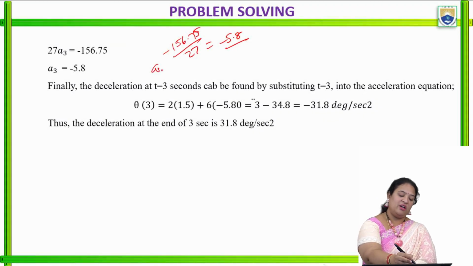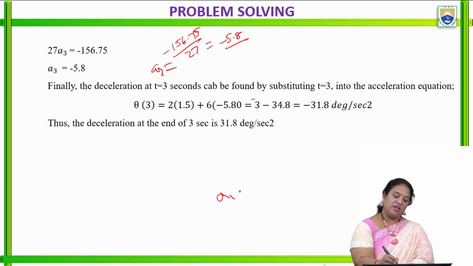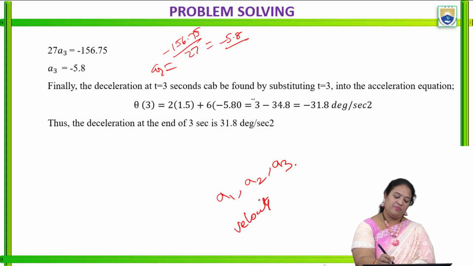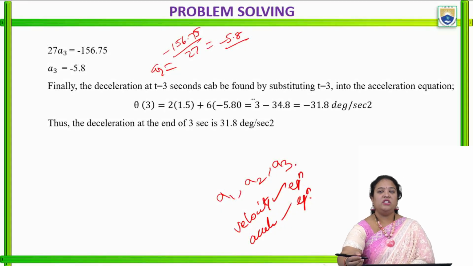So we have determined a1, a2 and a3 with the help of the velocity and acceleration equations. Now theta double dot of 3, the deceleration at t equal to 3 seconds, we need to find out.